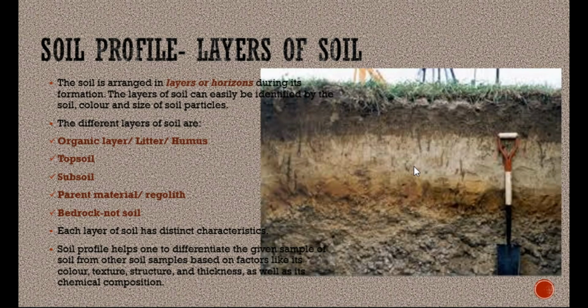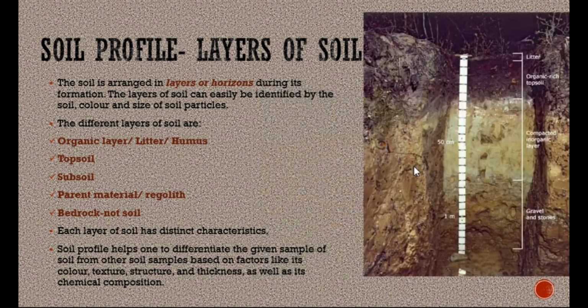The different layers of the soil are the organic layer, or litter, or humus. The litter or humus or organic layer is a thin layer that is formed by dead and decaying organisms, which include leaves and dead animals that have fallen on the soil and are slowly decomposing back into the topmost layer of the soil.